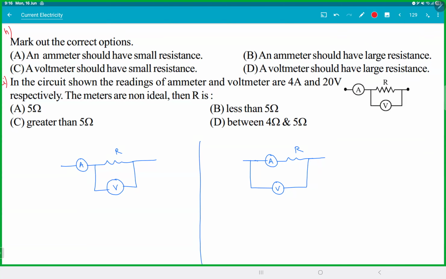H is something which I just explained. Clear so far? Great. Yeah, first is easy. Ammeter should have small resistance, voltmeter should have large resistance. What about the I question? Use these two to find R. Remember, these are non-ideal.